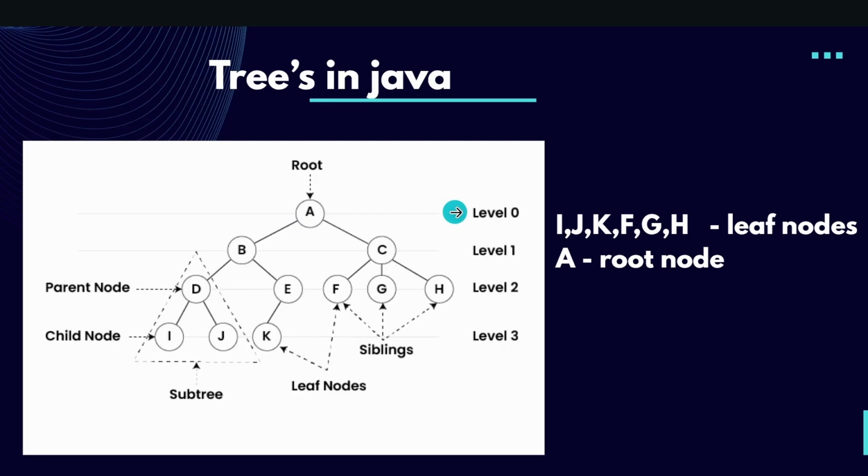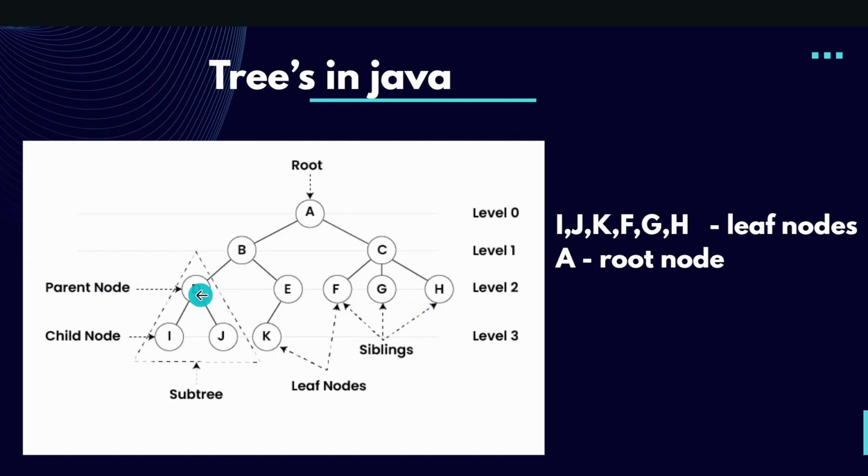The root node will be at level 0. At the next level we can have two elements if this is a binary tree. Only a single parent can have two children in a binary tree, because binary means 2. This is known as level 1. After that, B has 2 children and C has 3 children, as this is not a binary tree.